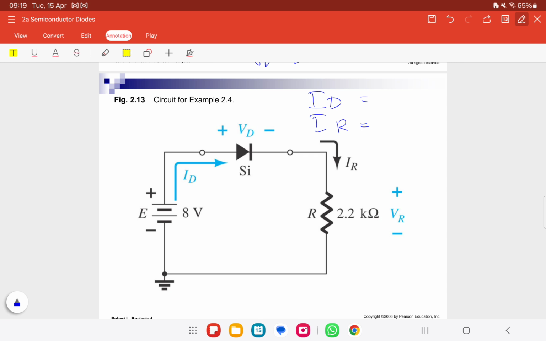Maksudnya it's like rosak ke kan. Macam kalau benda yang rosak orang nak lalu tak boleh dah kan. So dia off. Okay, so what is value of ID?